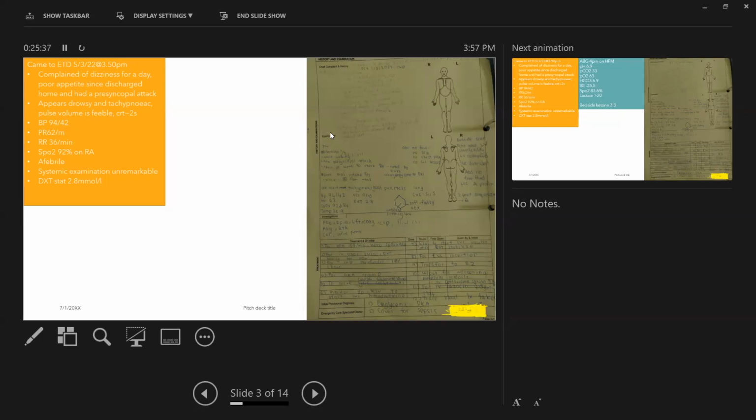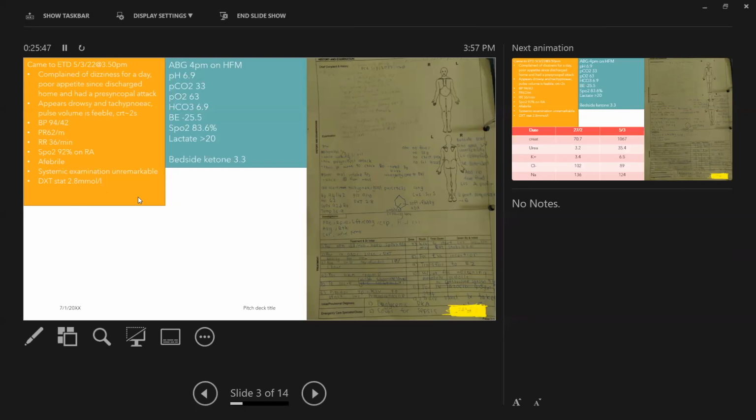She's afebrile and systemic examination is unremarkable. The ED team did a DXT stat because she had a presyncopal attack, and the DXT is 2.8 millimole per liter, which is hypoglycemia. Then they took a bedside ABG. When you see this ABG, you will jump from your bed and immediately attend to the patient in ED.